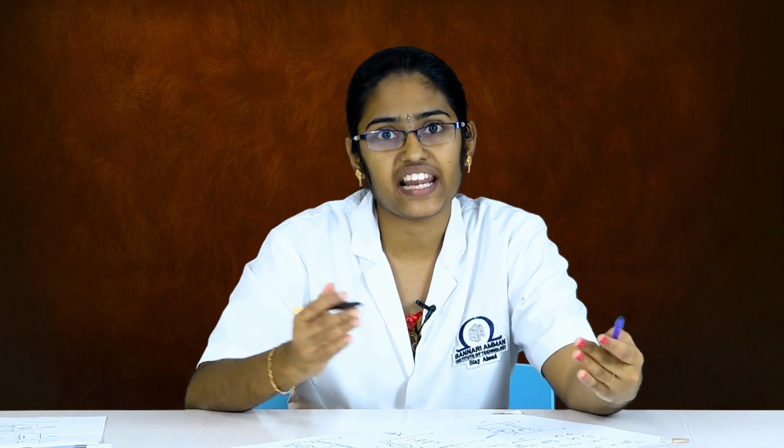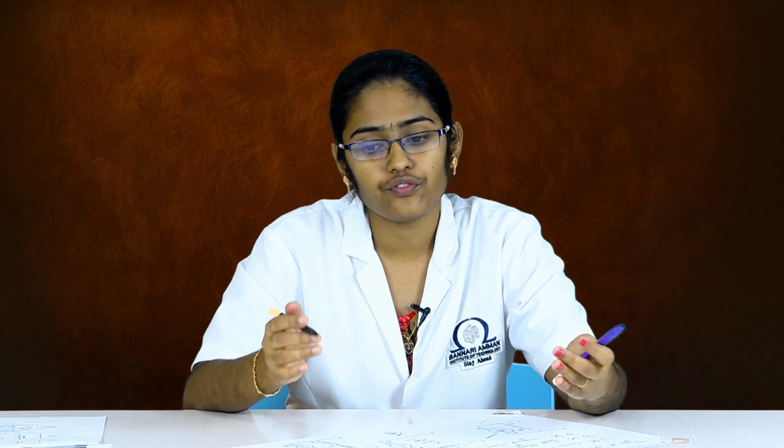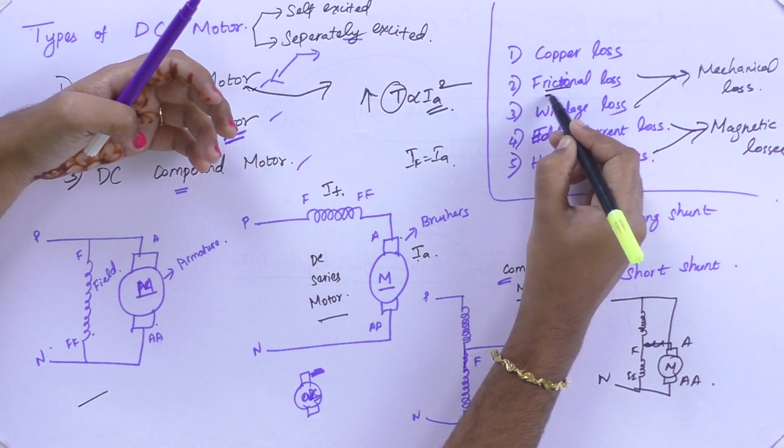The frictional loss and windage loss are because of the brushes present in it and the air gap which we are providing between the field coil and the motor. If frictional loss occurs, your brushes will be continuously in friction with the commutator. If they wear out, your brushes will be spoiled and your motor will fail.